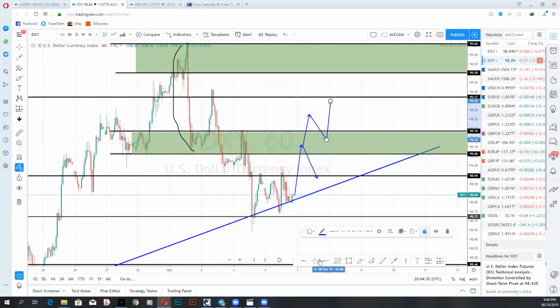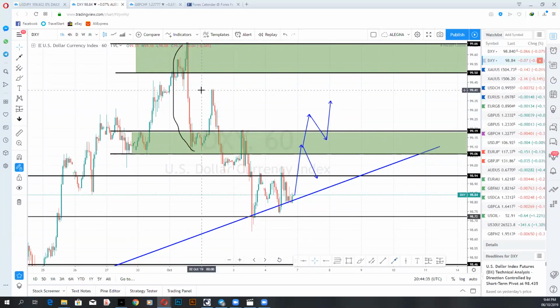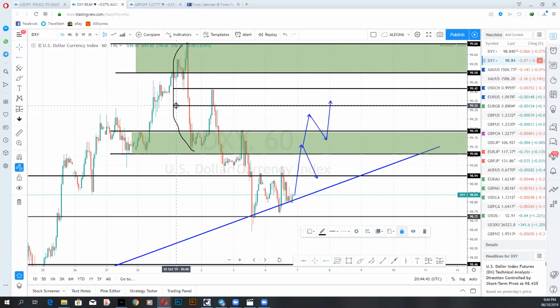Should that move higher happen, then price will be running into a resistance structure at this area.